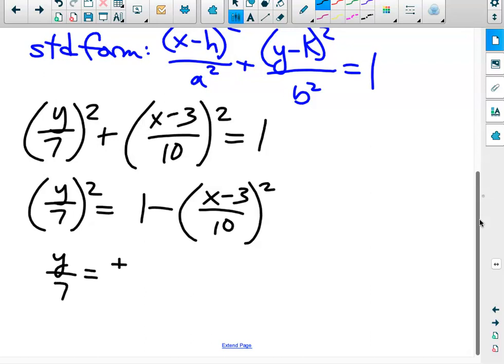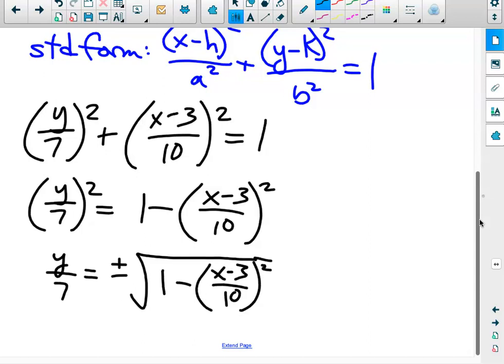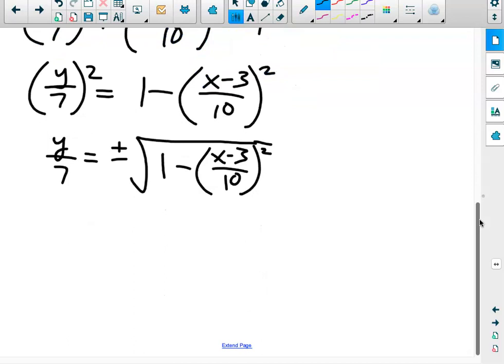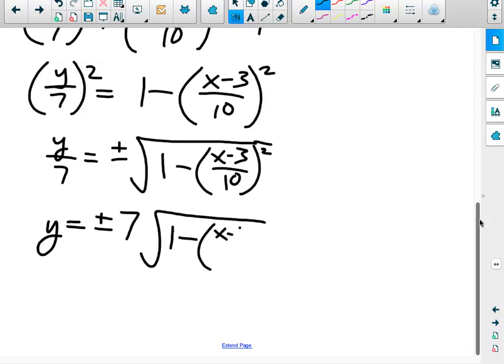Plus or minus. And then what's the last thing I have to do to get y by itself? Multiply by 7. Y equals plus or minus 7 times the square root of 1 minus x minus 3 over 10 quantity squared. There you go.